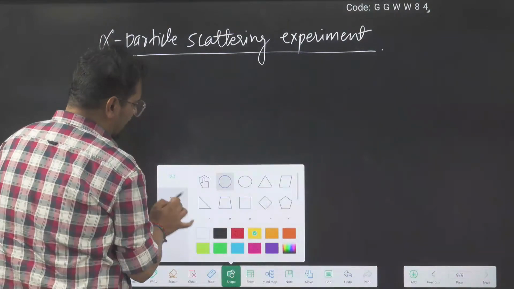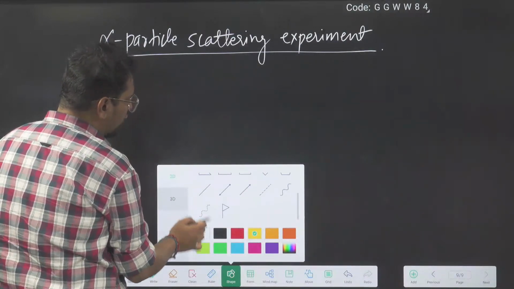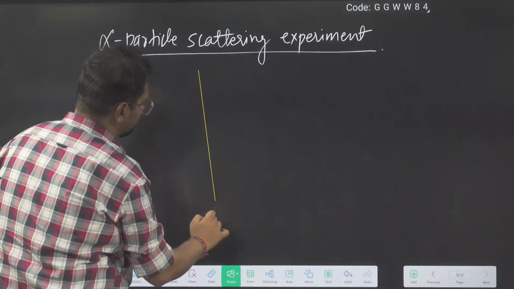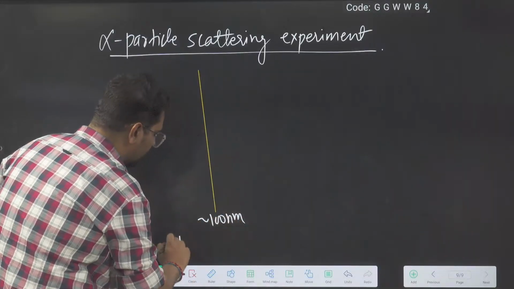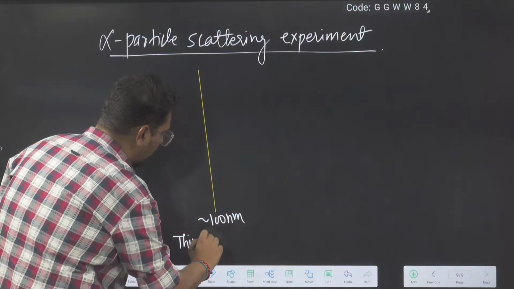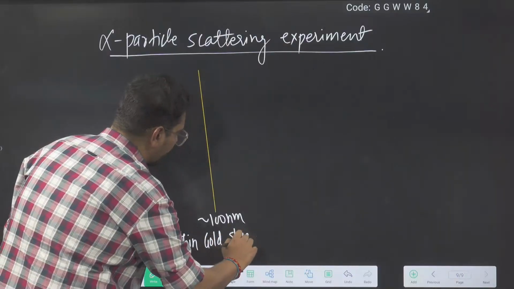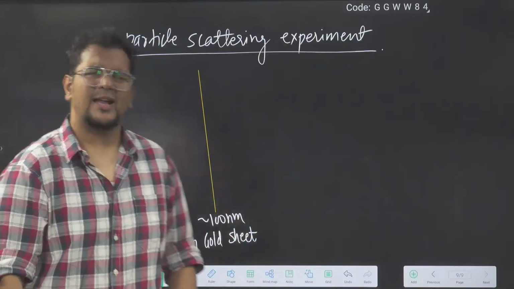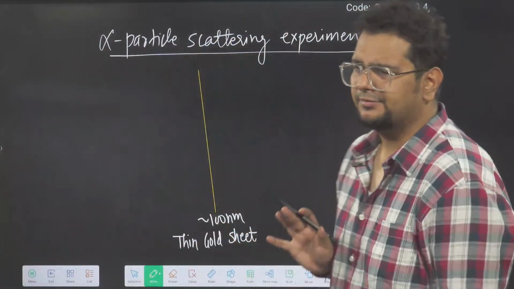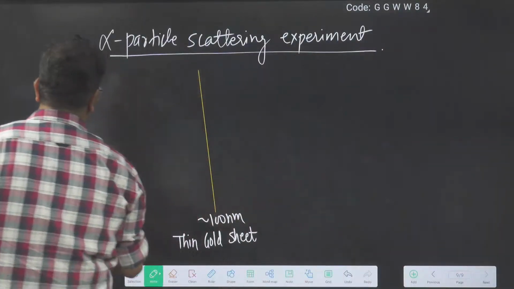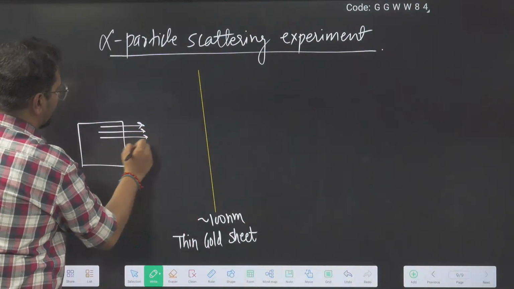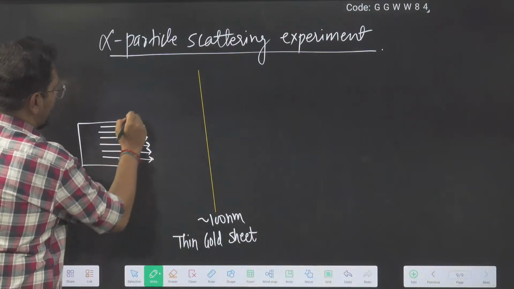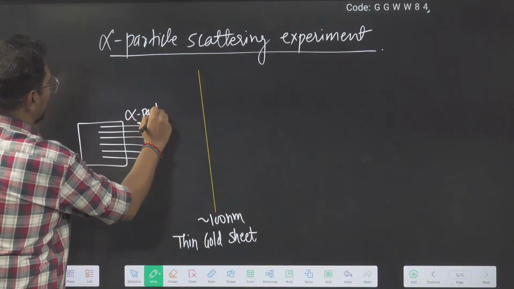A very thin sheet of gold, around 100 nanometer thin, was taken. On that, remember alpha particle, helium 2 plus, was bombarded.